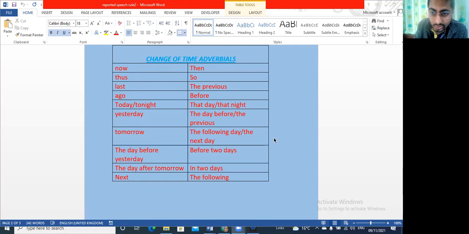Now changes into then. Thus changes into so. Last changes into the previous. Ago changes into before. Today or tonight changes into that day, that night. Now, let me tell you a simple trick that will make you never forget. What is that trick to remember this?